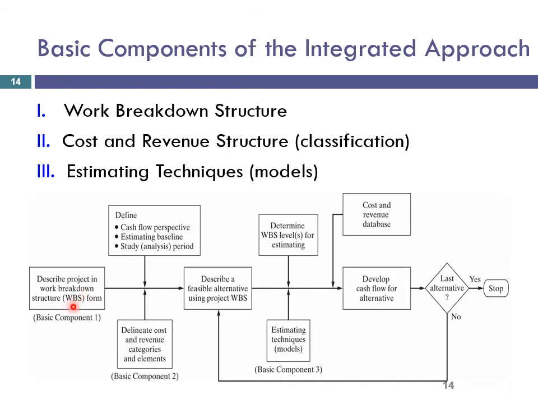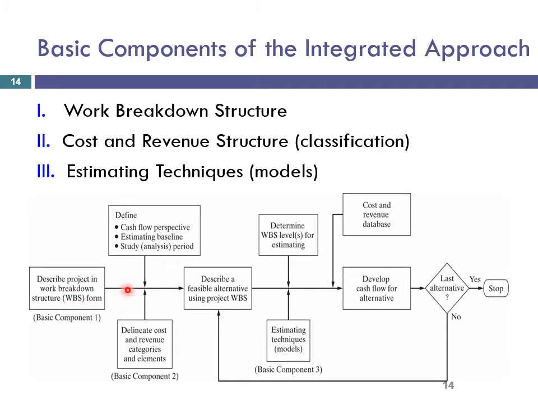WBS is used to describe the project and each alternative that you can use for this project, their unique characteristics in terms of the design, the labor, the material requirements, and so on. All these characteristics are described in this WBS form. Then these variations in design, resource requirements, and other characteristics are reflected in the estimated future costs and revenues, which means the net cash flow for that alternative.